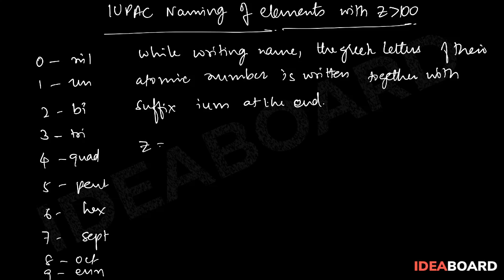First, an example. Say Z equal to 101 is the atomic number of an element. In Greek roots, one is un. The first letter is always kept capital.